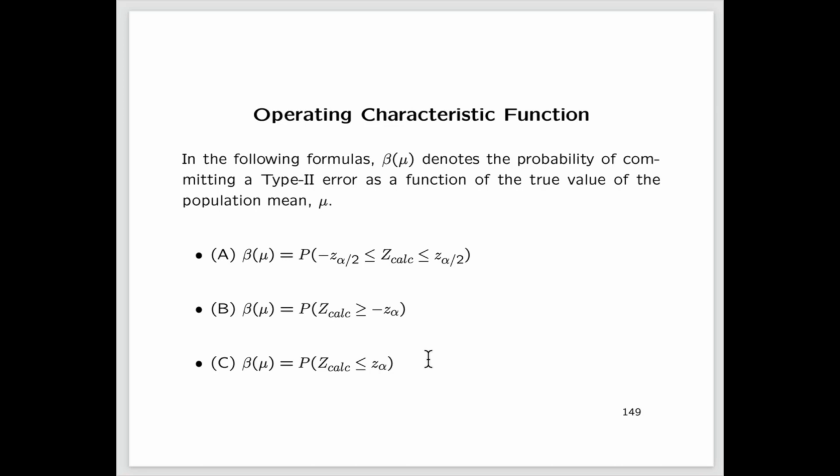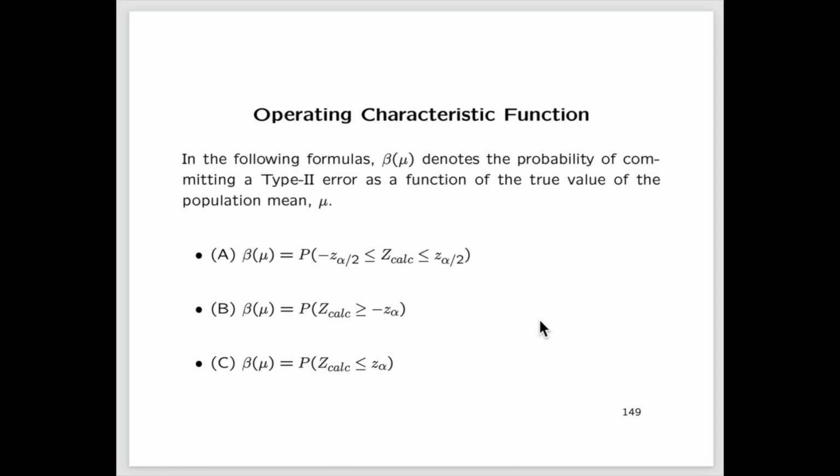And so if mu is such that the alternative hypothesis is true, the null hypothesis is false, then the probability of committing a type 2 error would be given by the probability that z-calc, the test statistic, is not in the rejection region. In particular, if z-calc is less than or equal to positive z sub alpha.